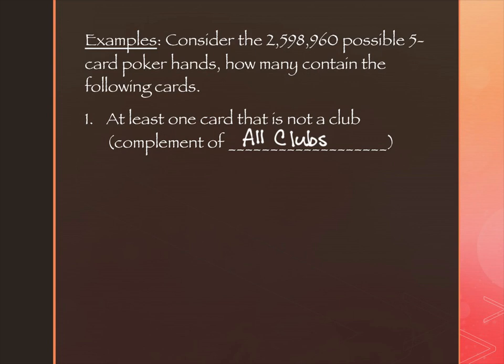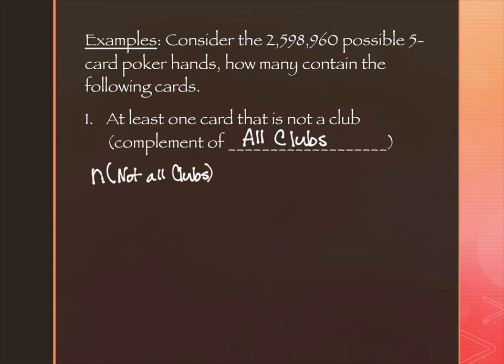Okay? So what does this look like? Well, the complements principle that we just identified says that the number of ways of getting, and I'm going to write it out with this description, the number of ways of getting at least, actually, let me say it differently. Instead of saying at least, just to write it shorter, I'm going to say not all. Not all clubs. That's the same thing as at least one that's not a club.